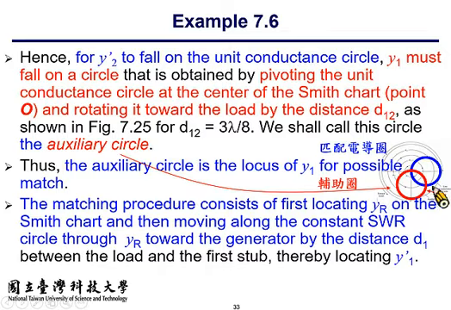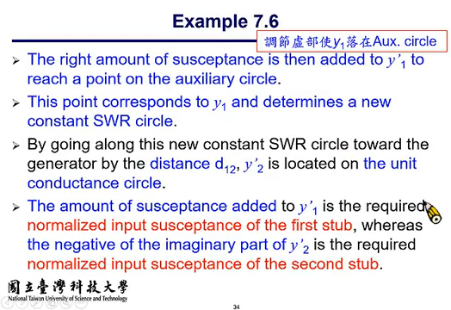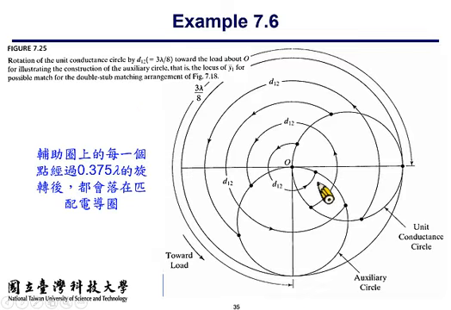After the rotation, based on the imaginary part at that point, you decide how much susceptance the second stub must provide to move it to the center. You can go over the description for the step-by-step procedure of the double stub matching technique. So let's work on the real numbers. Here is the drawing of the auxiliary circle.